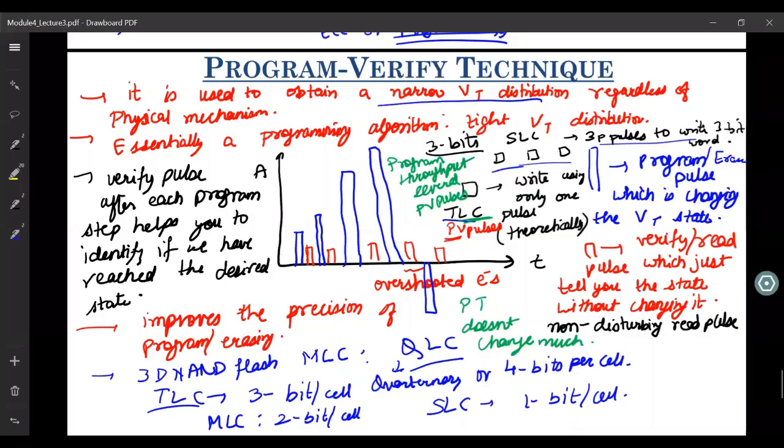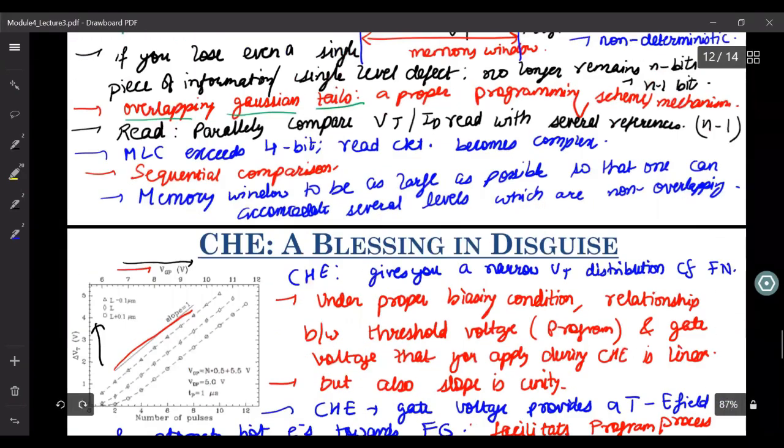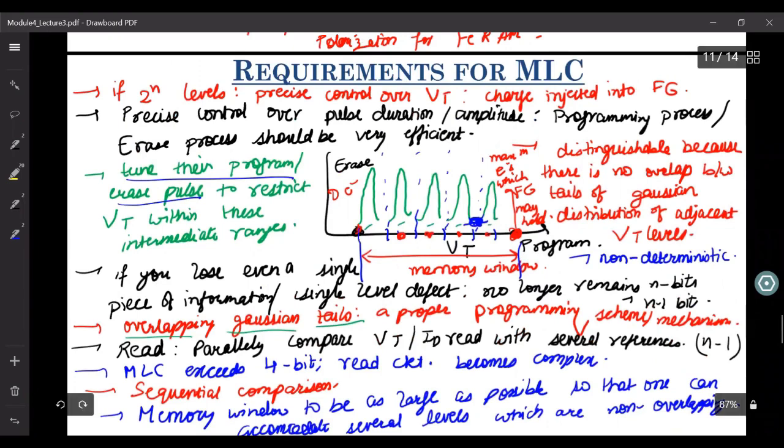So now what can be the other issue with MLC? Since you are quantizing the entire threshold voltage into several small intermediate sub-ranges, effectively for each of these levels, the window that they have is very narrow.